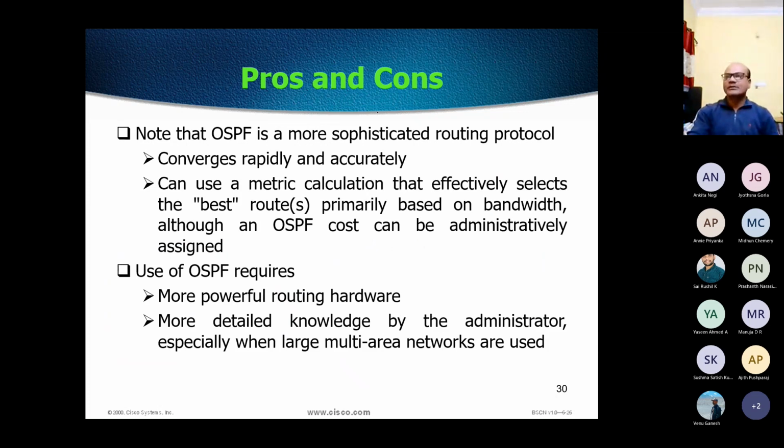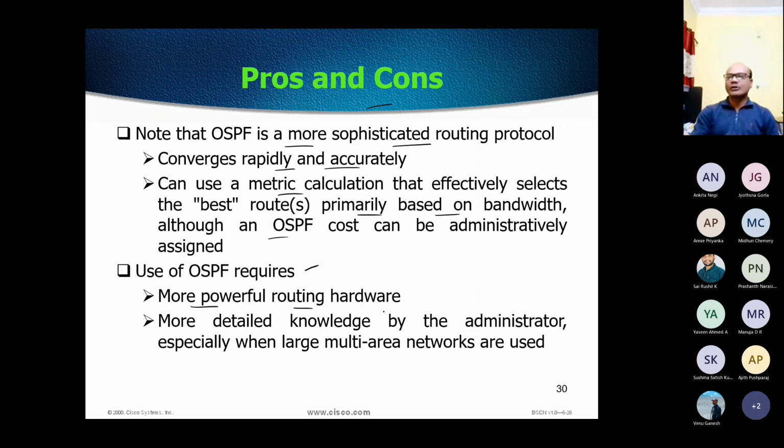Okay, so pros and cons, guys. Note that OSPF is a more sophisticated routing protocol. It converges rapidly and accurately, uses metric calculations, and selects the best route primarily based on bandwidth. Although OSPF cost is multiple, administrative effort is required.